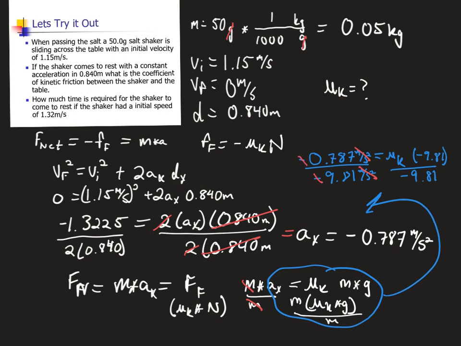And so 0.787 divided by 9.81 gives me the mu sub k value of 0.08.